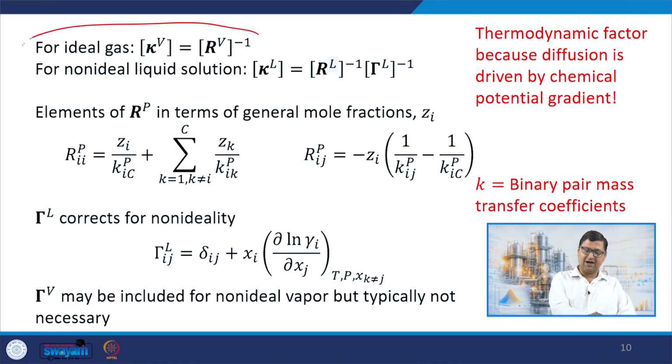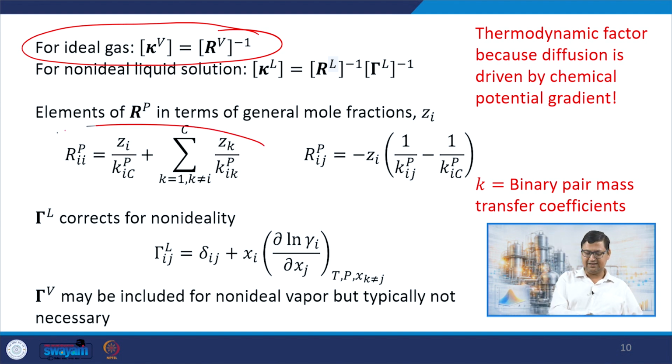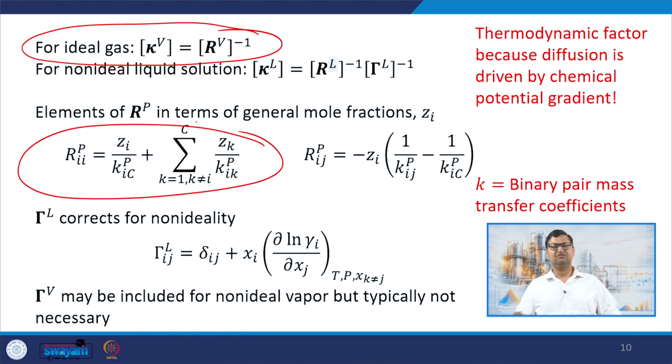So what we say is that if we have an ideal gas, then this kappa is some R matrix, where this R can be written as something like this. There is a derivation for this that I am not getting into. The terms of R depend only on the mole fractions. So the diagonal term for component i is given by the overall mole fraction of i, z_i, divided by the mass transfer coefficient for component c.